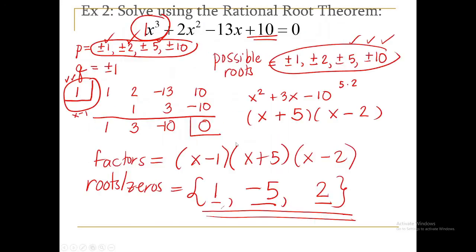Here. 1, 2, 3. Followed by a 0. Then I will convert that to an expression like this.